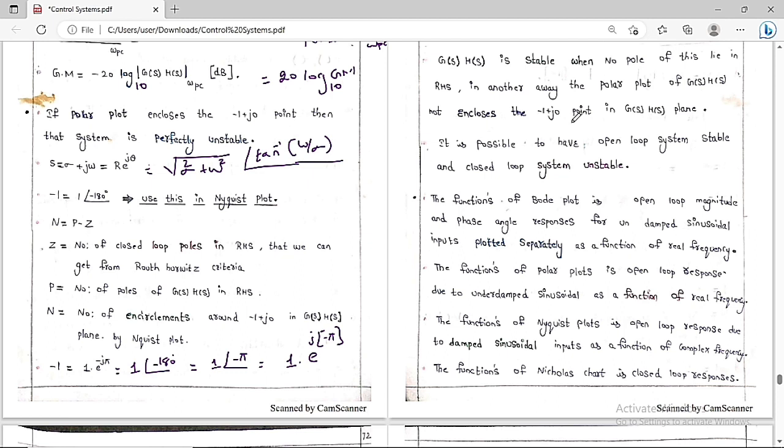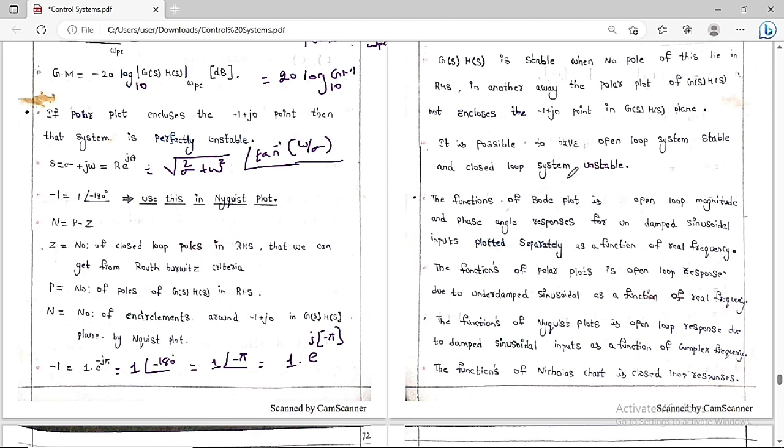If it is not going to enclose, we say it is stable. If it is going to cross the minus 1 plus j0, we say it is marginally stable. If it is going to enclose this minus 1 plus j0, the system is said to be unstable. So this point always you have to keep in mind.